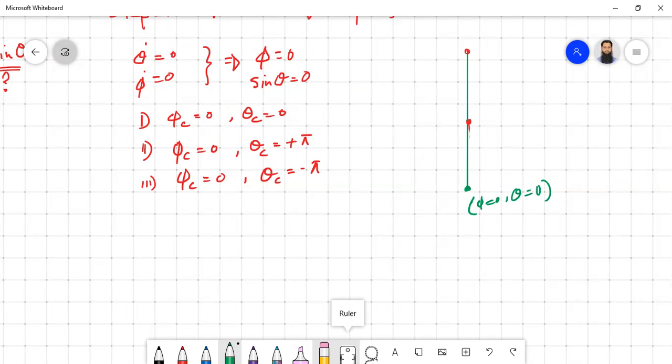And this is your plus pi angle, and this is your minus pi. Essentially, they represent the same location. But these are not the only two solutions, because you can have a family of solutions like pi, 3 pi, 5 pi.